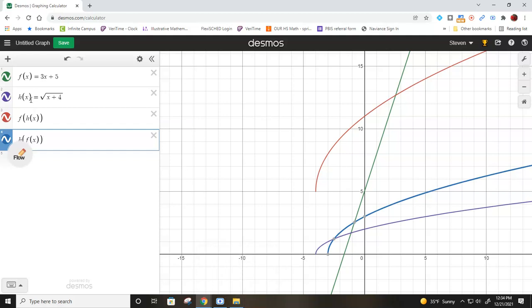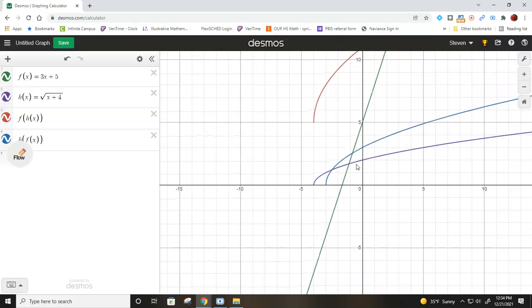Because if you look again, h of x has that domain, it has to be greater than or equal to -4. So we look at the function f of x, and we say here, where x equals -3, y equals -4, that's the first number I can plug into h so that I can get that value.